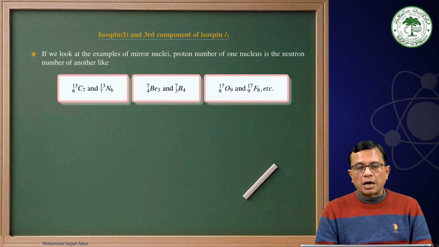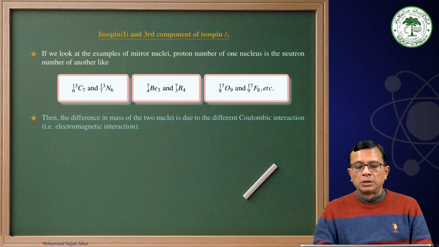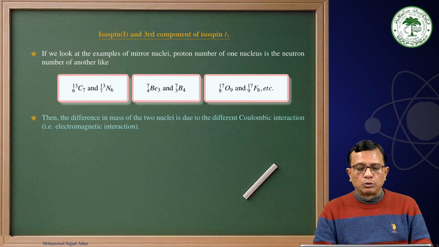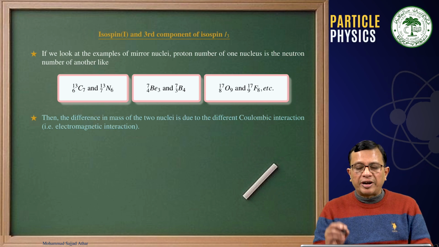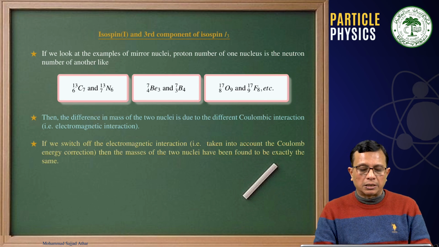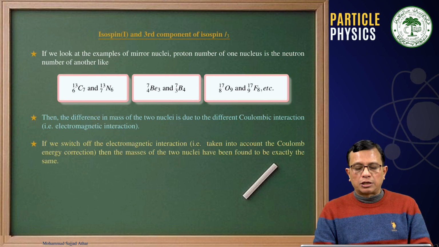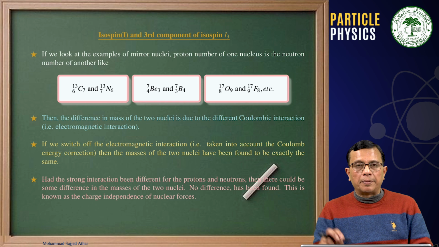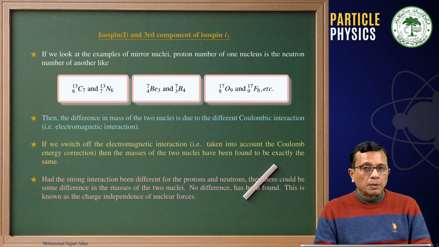Whether I'm talking about carbon and nitrogen, or beryllium and boron, or oxygen and fluorine, or other mirror nuclei observed in nature. So the difference in mass of the two nuclei is due to the different Coulombic interactions, that means electromagnetic interaction. If we switch off the electromagnetic interaction, then the masses of these two nuclei are found to be exactly the same. Why is this important?